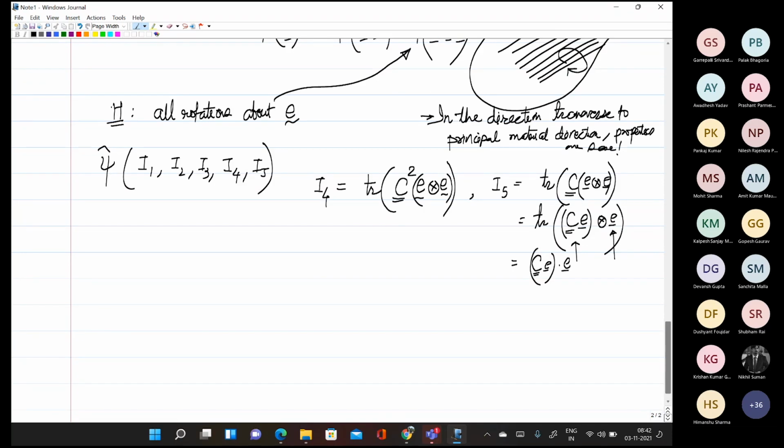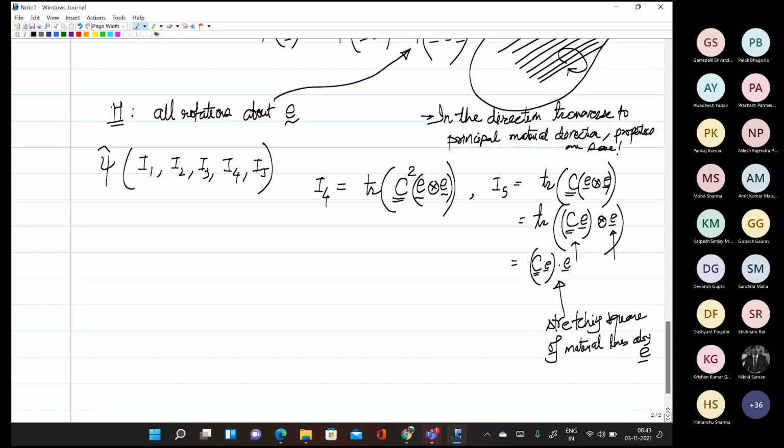When we were doing kinematics, when we were trying to find out strains, what was this equal to? CE dot with E? Can you relate it? Anybody? So isn't this the formula for the stretching of the material lines along E? So this gives you the stretching square of material lines along E. So what this tells us is that this I5 has a physical meaning.